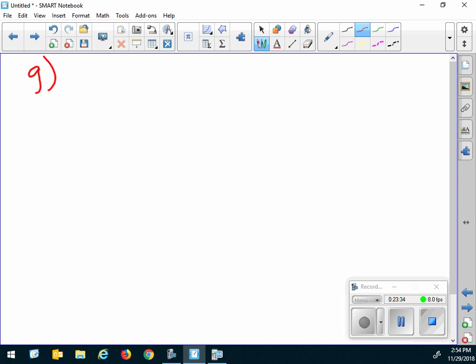Okay. 3x plus 28 to the 1/2 power equals x. What are we going to do?